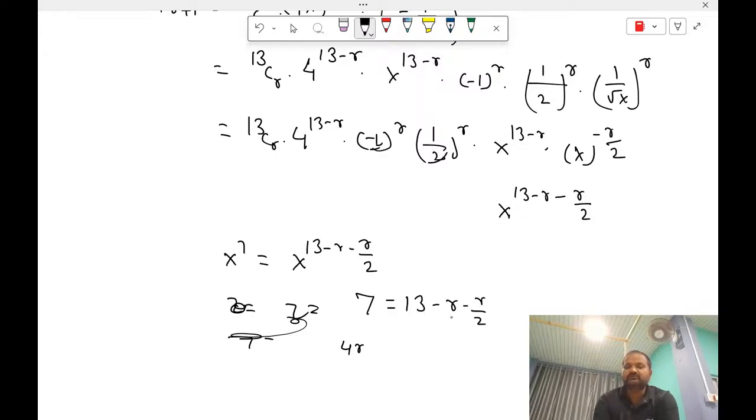So minus 2r and 3r. This will be 3r divided by 2 is equal to 6. So r will be equal to 12 by 3, it will be 4.